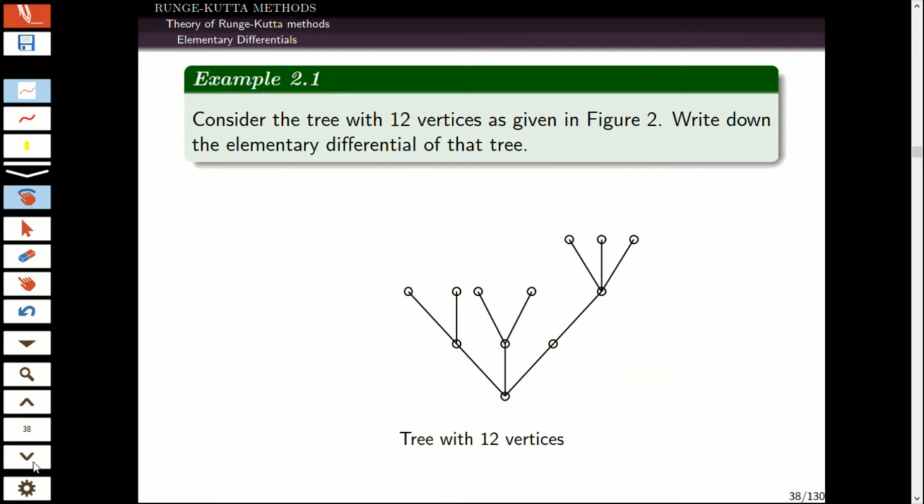Now how can I write down the elementary differential for this tree? Okay, this tree has 12 vertices. Now why is it 12 vertices? So you can see that there are 1, 2, 3, 4, 5, 6, 7, 8, 9, 10, 11, 12 vertices, right?